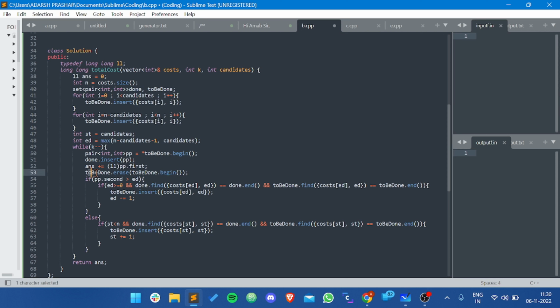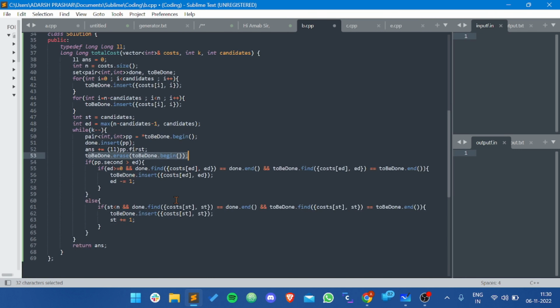Now to_be_done erase begin, because the first one is hired, so I'm erasing that from the to be done set. And if pp.second is greater than ed, this means that the current hired candidate is from the last candidates number of set, from the last ones, not the first. If candidates is 3, it is not from the first 3, it is from the last 3.